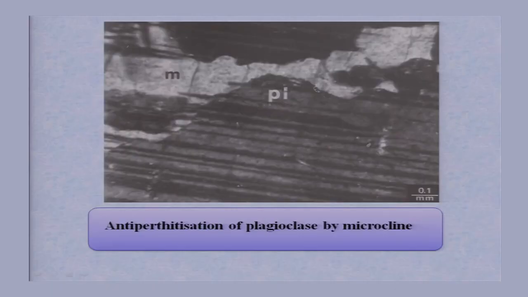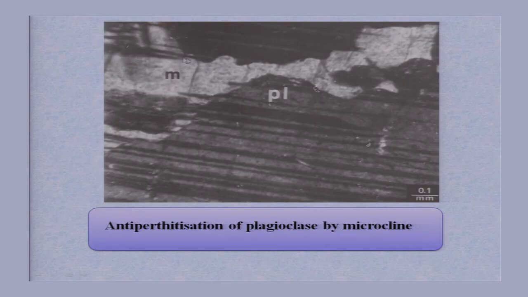What is antiperthitization of plagioclase by microcline? Here you have a plagioclase crystal. This large plagioclase crystal shows lamellar twinning, and this M written here is because of antiperthitization. Antiperthitization is again alteration of plagioclase taking place.